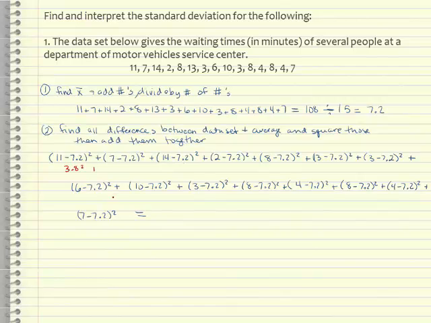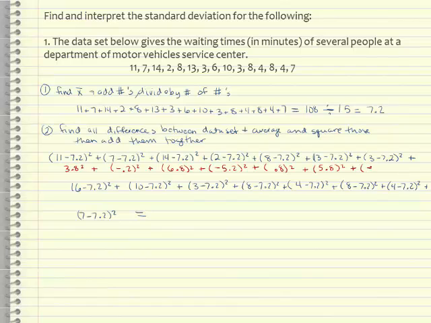So I have 3.8 squared plus 7 minus 7.2 is negative 0.2 plus 14 minus 7.2 is 6.8 squared. 2 minus 7.2 is negative 5.2. 8 minus 7.2 is 0.8. 13 minus 7.2 is 5.8.